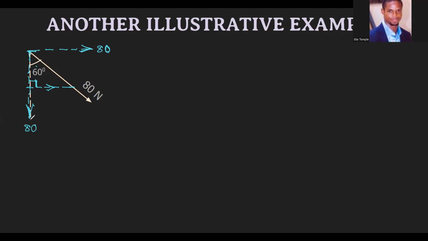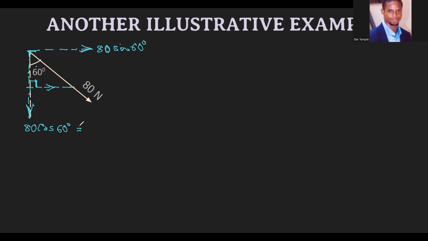Now, one of them takes sine, while the other one takes cos. The one that takes sine is the one with the orientation of the blockade. The blockade is horizontal, therefore the horizontal component takes sine of the given angle, 60 degrees. And of course, we have cos of the given angle, 60 degrees.